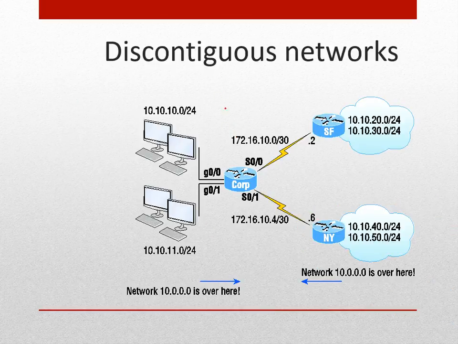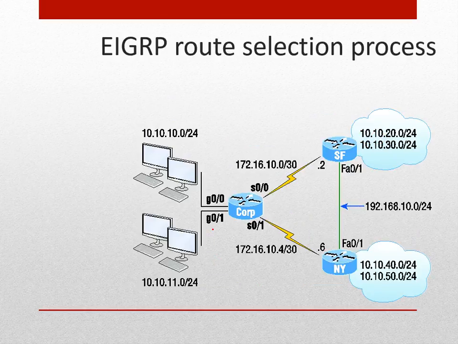But we'll look at those. Discontiguous, the 172, the 10's here, and the 172 here is what makes this a discontiguous network. What it said, network 10's over here, network 10's over here. But since it does auto summary, each of them says that network 10, the entire 16 million addresses, could be in that one process.